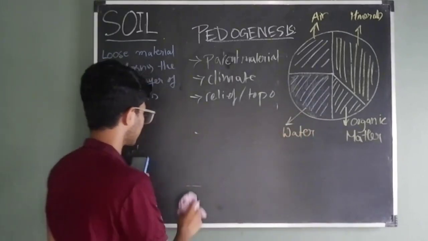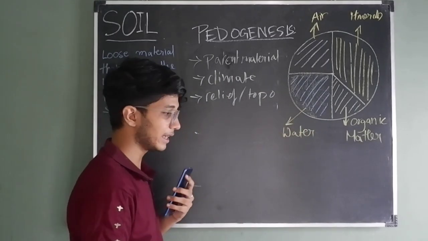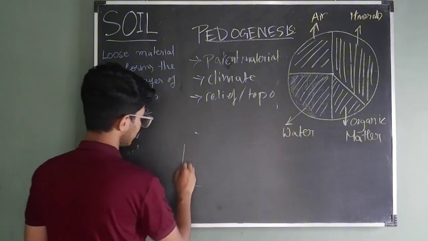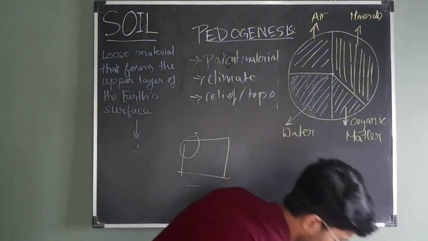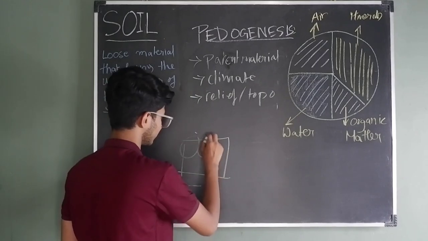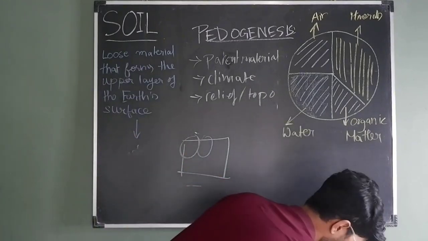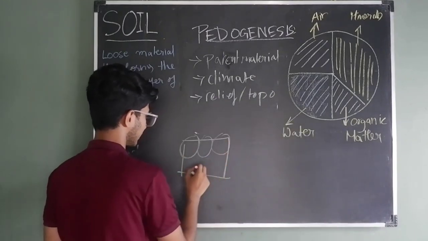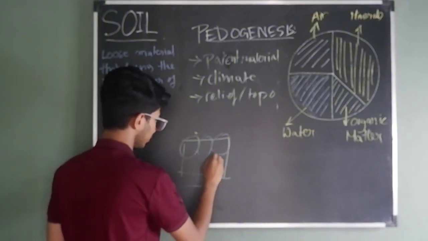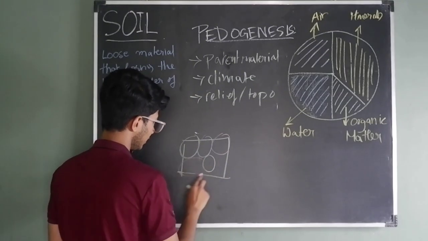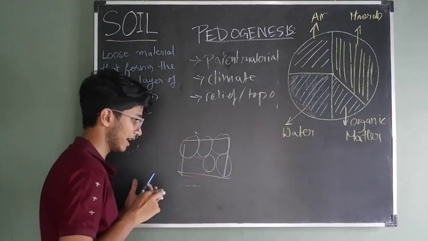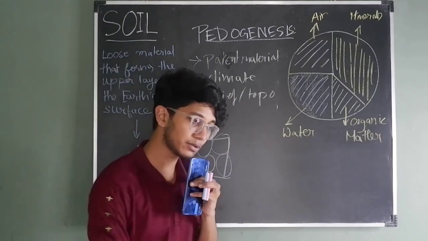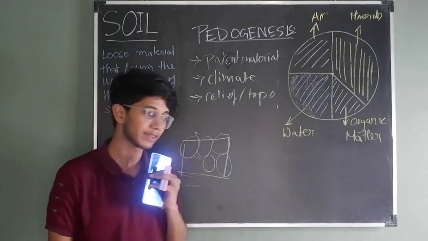Okay, so for example, if we take into consideration that this is a piece of rock, it contains various components, different components, okay? Let's not name them, I'm just randomly making a few components. When these components expand or contract, they don't do it at the same time.